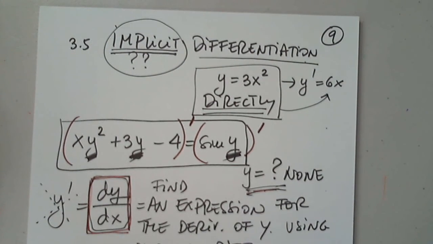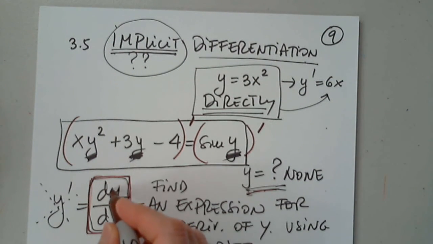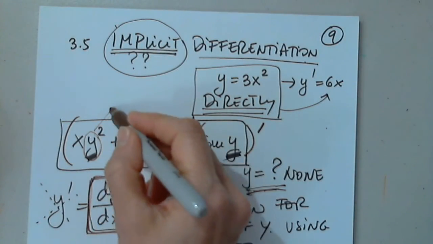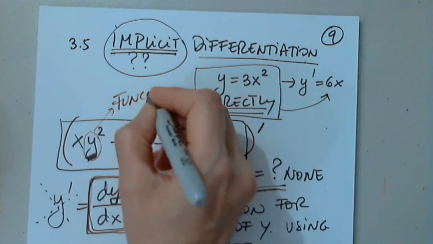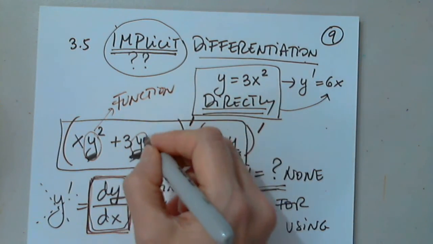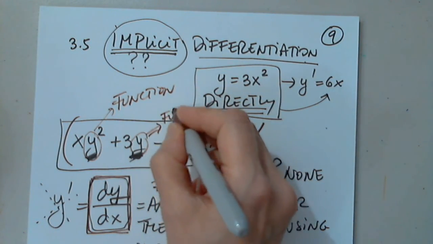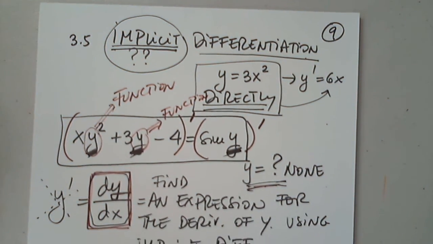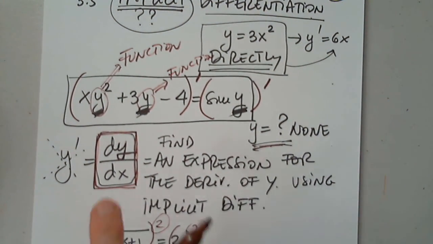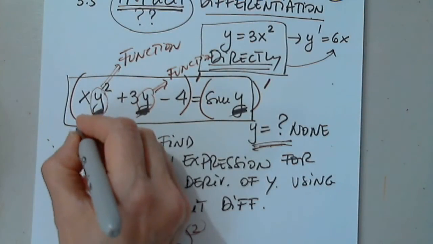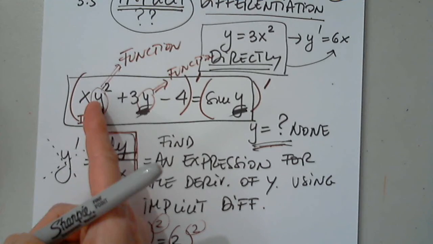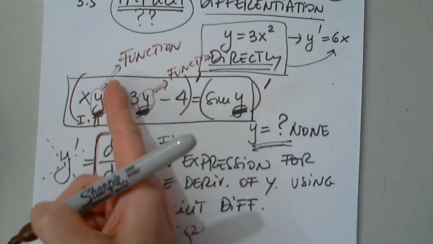Careful now, because when I am told to find dy over dx, this means that y is a function, and it has to be treated as one. So here I have a product of two functions, function 1, function 2, and the chain rule with the power rule in it.